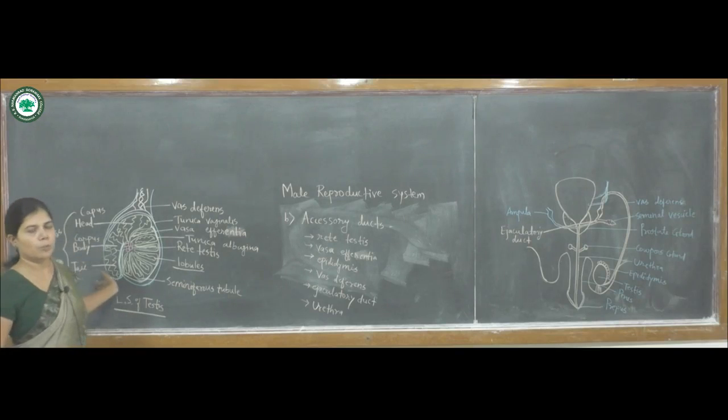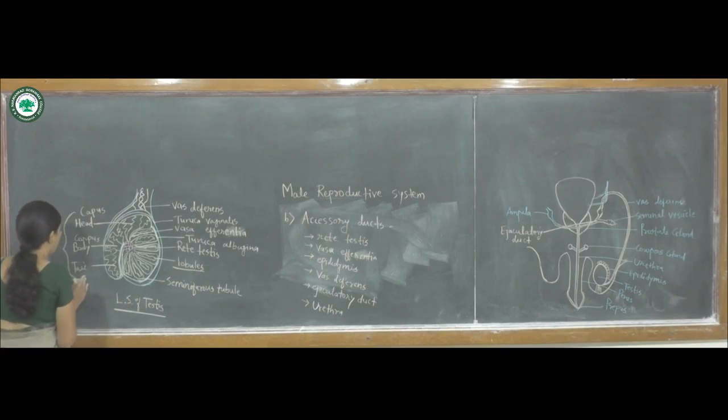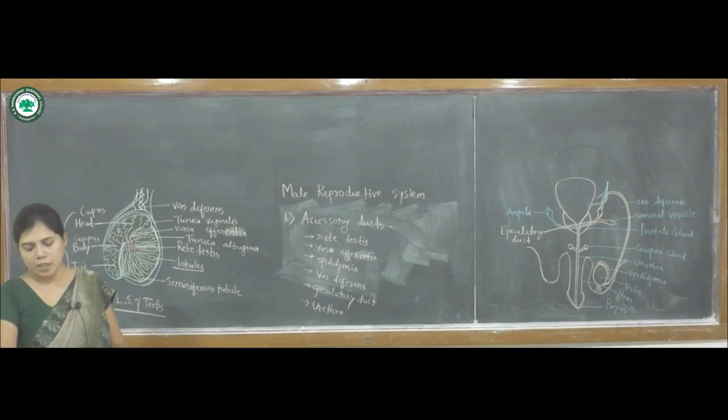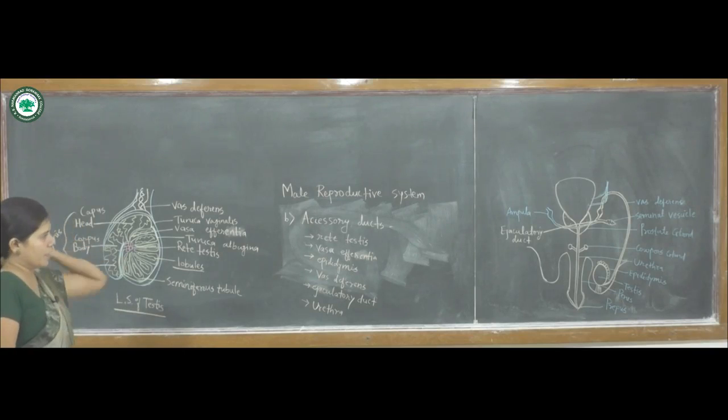And the lowermost part of the epididymis, the tail, is known as the cauda epididymis. The function of the epididymis is that sperm undergo maturation in it.